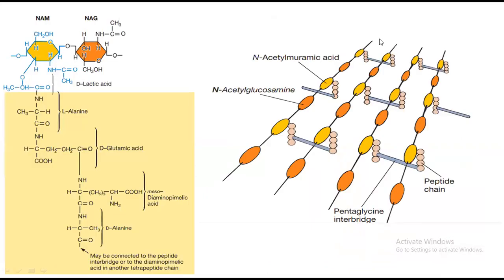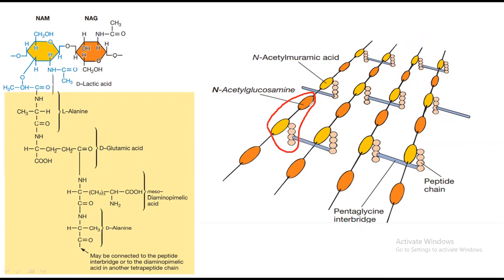Now this is the molecular structure of a single subunit of peptidoglycan. I have added the slide just to give you a background. I have discussed the structure of the peptidoglycan layer in detail in the previous video, so you can watch that video to increase your knowledge. If we take a single unit of peptidoglycan, it is also known as a repeat unit.